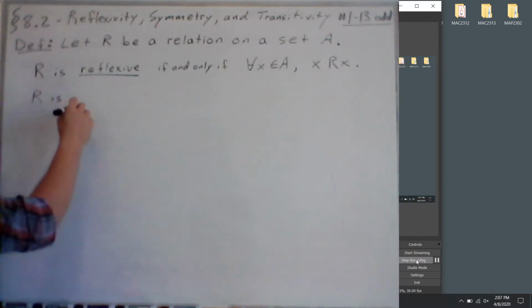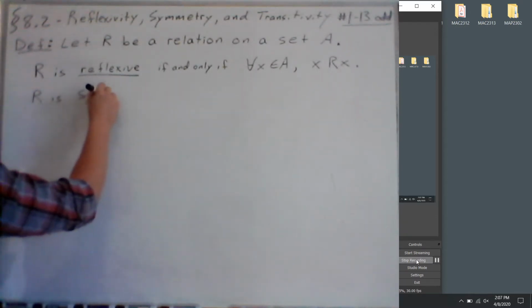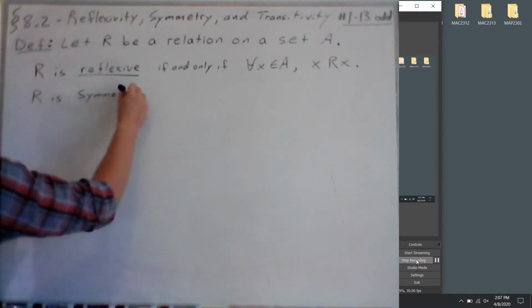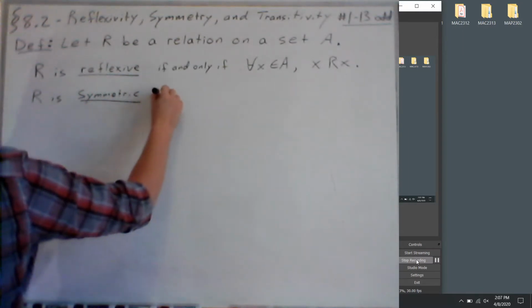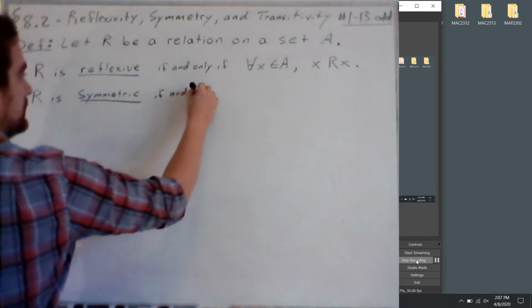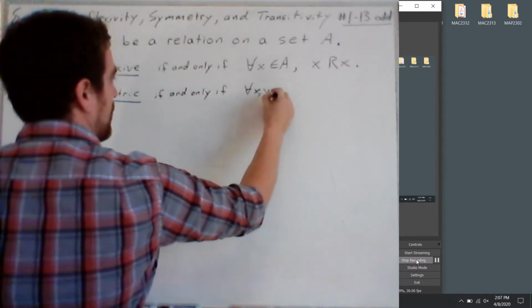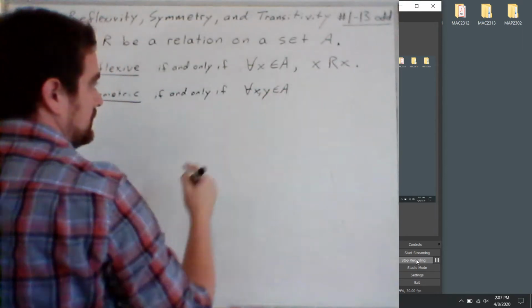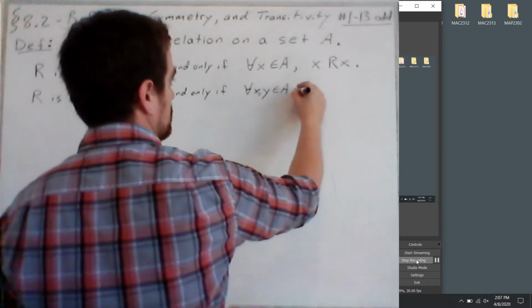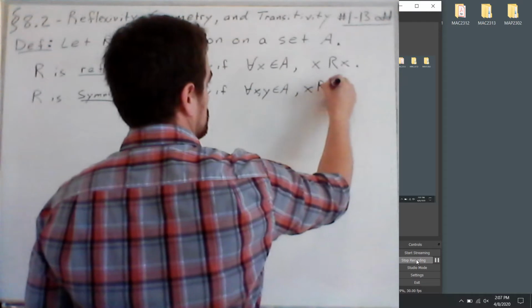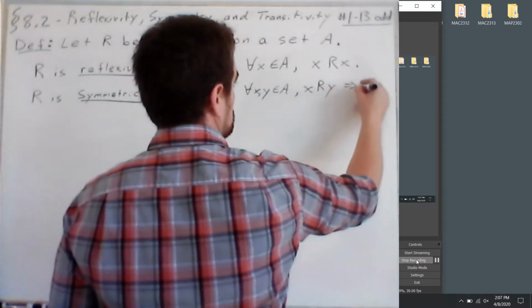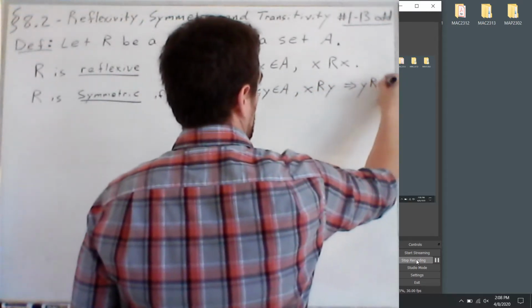R is symmetric if and only if for all x and y in A, x related to y implies that y is related to x.